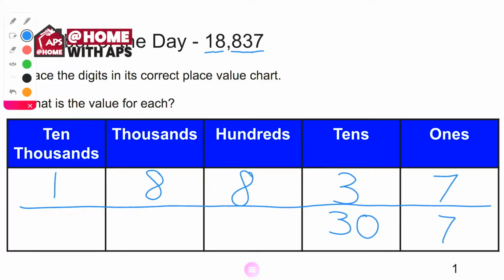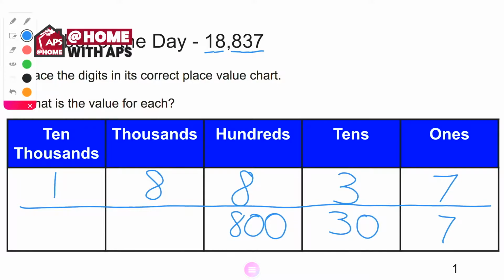All right, we're just making sure you have all these numbers and what this really means to us. So I have 8 hundreds. Thinking about that, how much is that worth? 800. You got it. Thousands. We have 8 thousands, 8 1,000s.